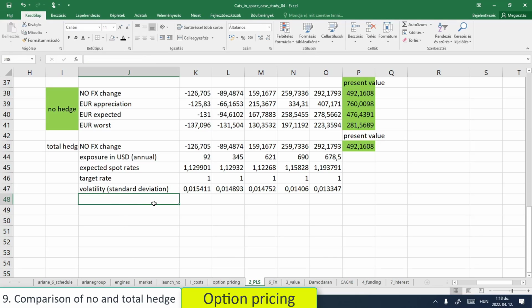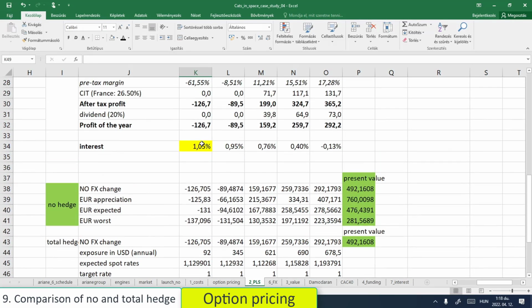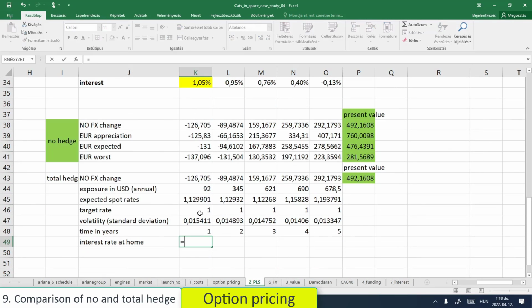Okay, we have the time factor, time in years, 1 year, 2 years, 3 years, 4 years, 5 years ahead, and we need interest rates, interest rate at home. Okay, we already have this interest rate, so let's keep it.